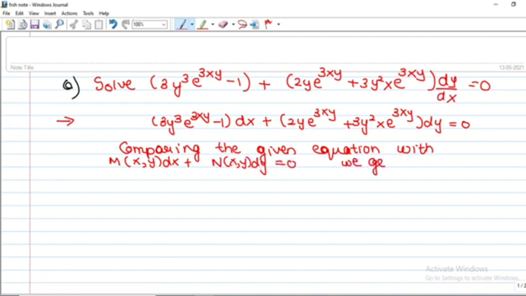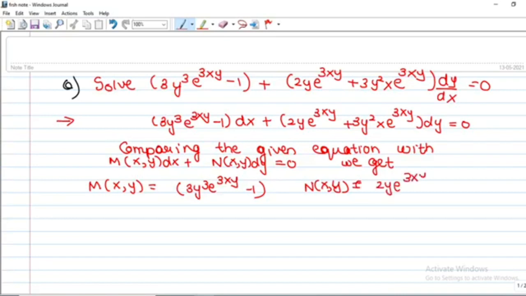We get M(x,y) as 3y³ e^(3xy) − 1, and N(x,y) as 2y e^(3xy) + 3y²x e^(3xy).